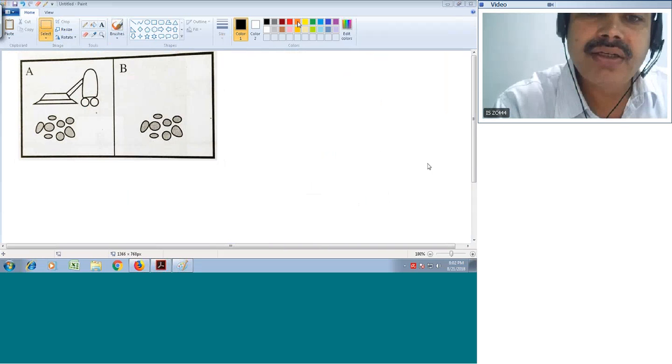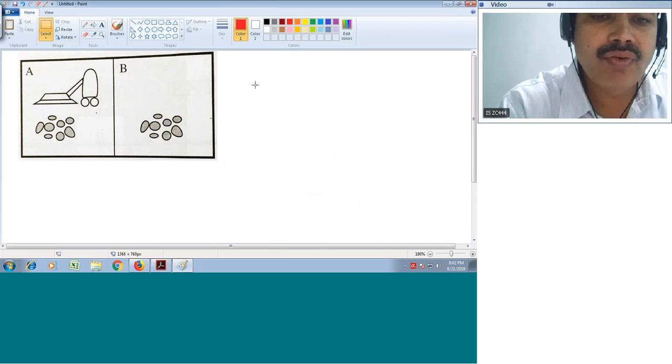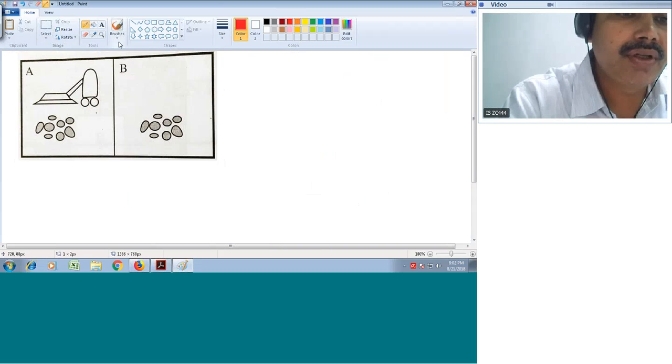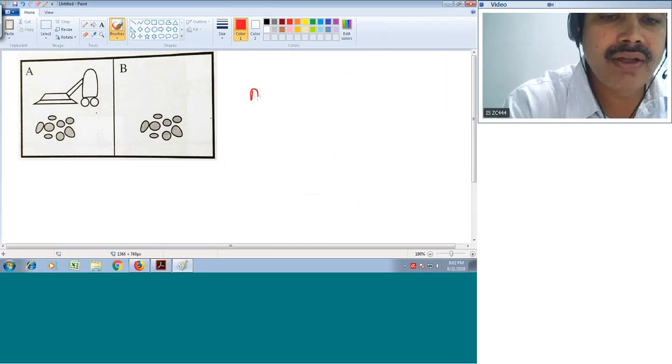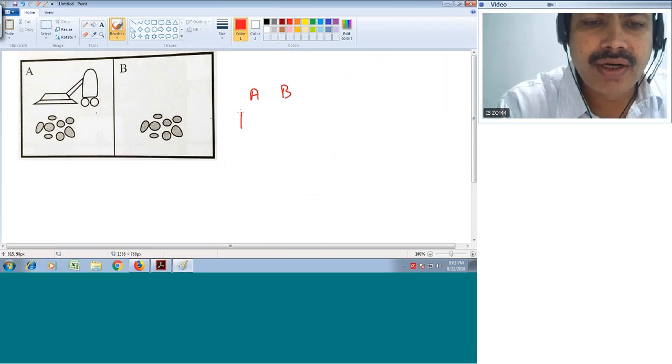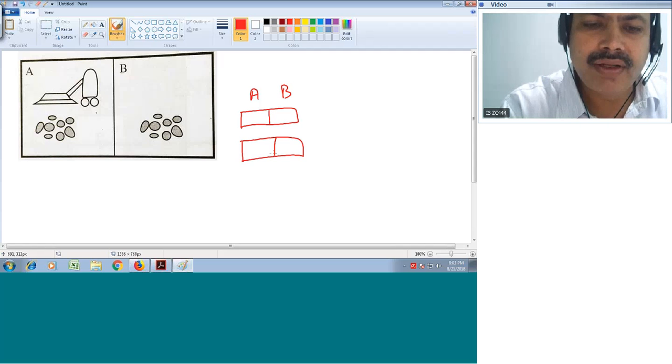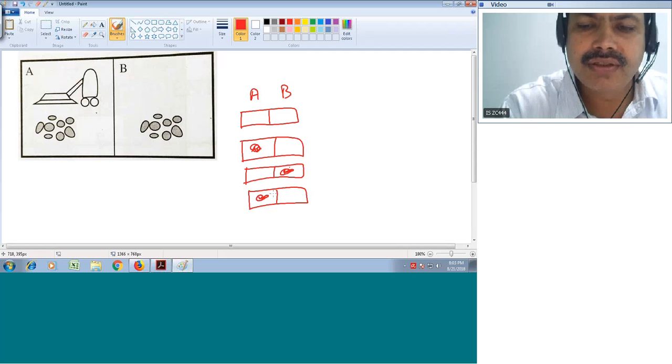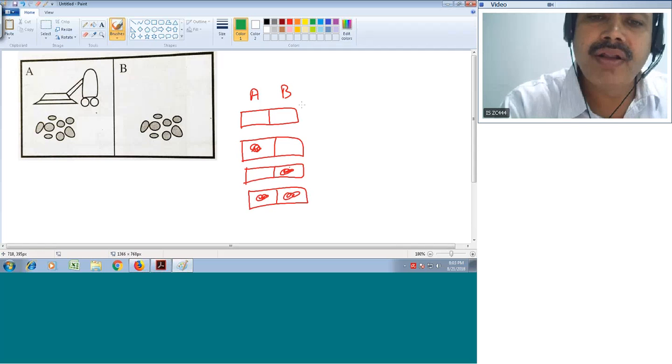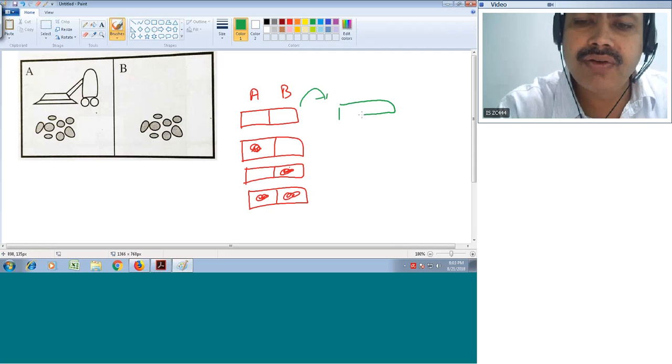I think a state can be defined using this: you have room A and room B. You see that this is the state where both the rooms are clean. The second could be that there is some dirt in one room, the third state could be that there is some dirt in the other room, and the fourth state could be that dirt is at both the places.